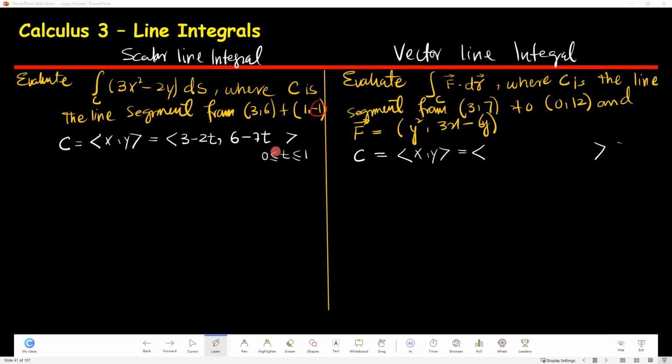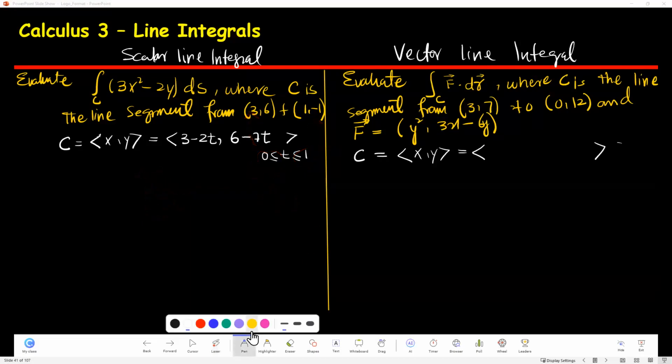So if you substitute the t values, you should get these two points, 3, 6 and 1, minus 1. This is how this limit is working.